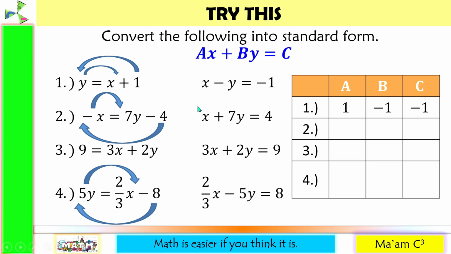Number 2, our A is again invisible 1, our B is 7, and our C is positive 4. Number 3, our A is positive 3, our B is positive 2, and our C is positive 9. Last one, our A is 2/3, our B is negative 5, and our C is positive 8.